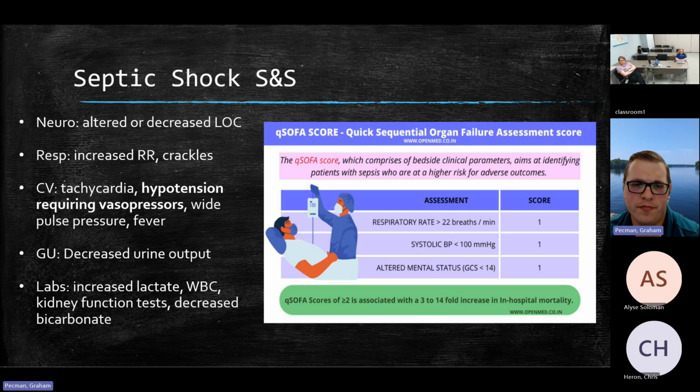It gives us a quick reference to establish how severe someone's septic shock state is, by incorporating those 3 indicators: tachypnea, or respiratory rate over 22, are they hypotensive, and do they have an altered mental status? So anything greater than or equal to 2 is associated with a significant increase in hospital mortality.